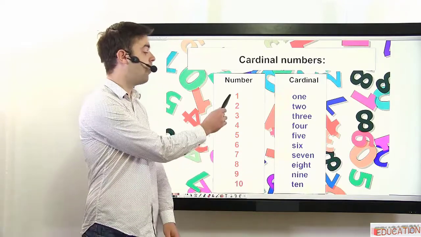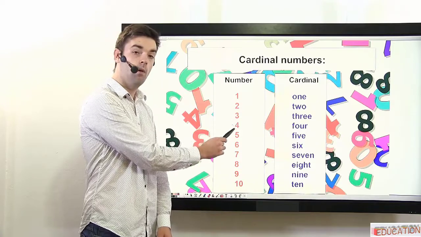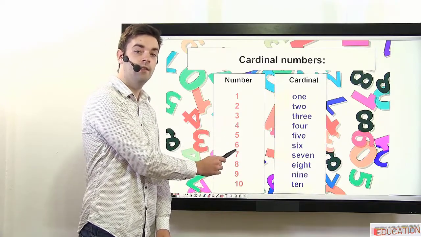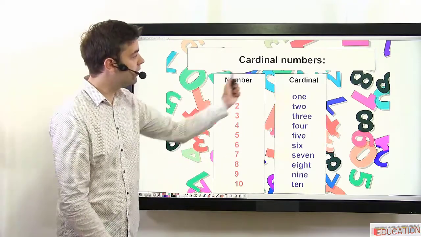So we have 1, 2, 3, 4, 5, 6, 7, 8, 9, and 10. The cardinal numbers.